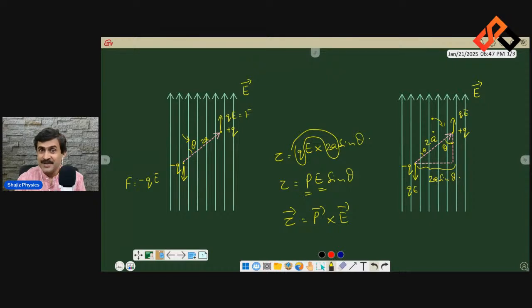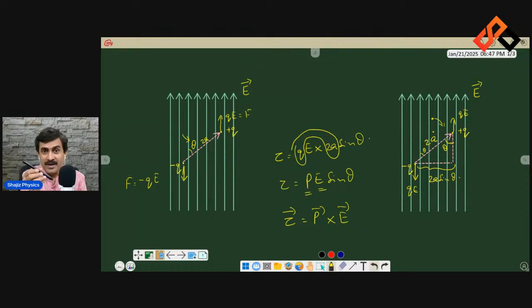Potential energy is the energy possessed by any object by means of the configuration or state of strain or position. So here it is under a state of strain because the natural tendency of the dipole is to stay parallel to the electric field. You are disturbing it.